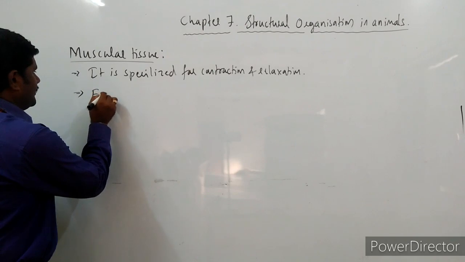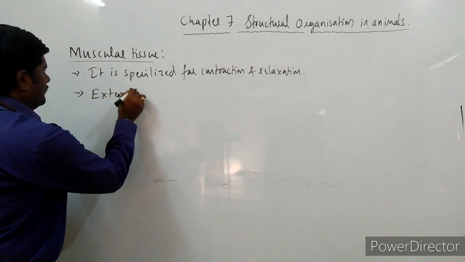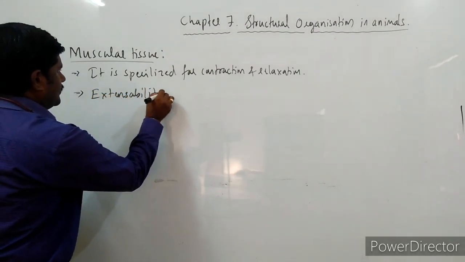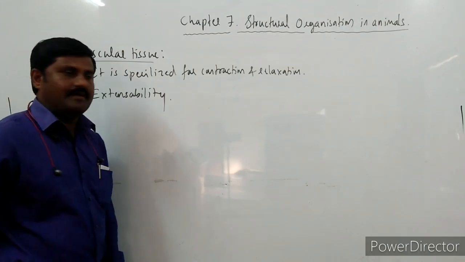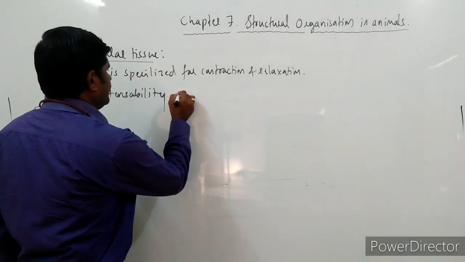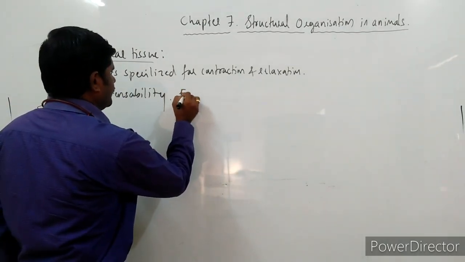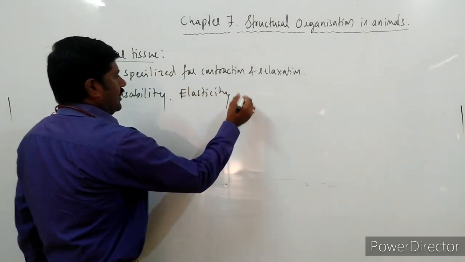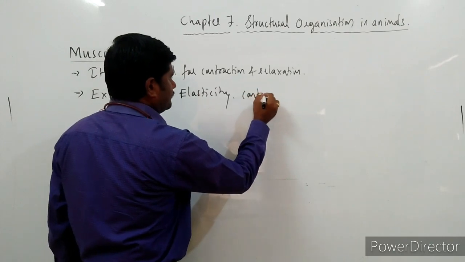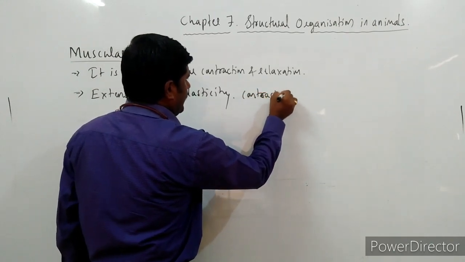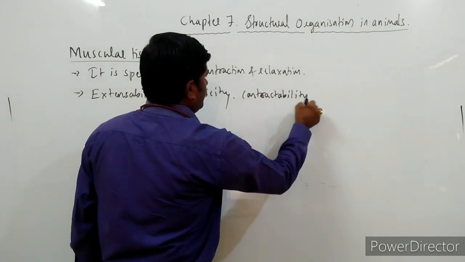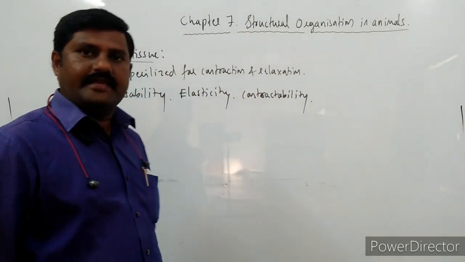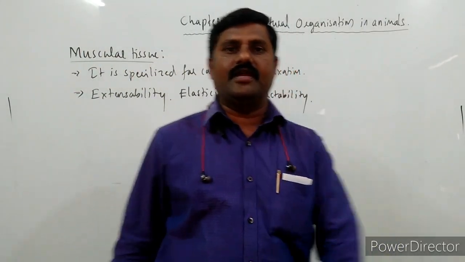It has extensibility, it has elasticity, and contractability. So these are the major characteristic features of this muscular tissue.